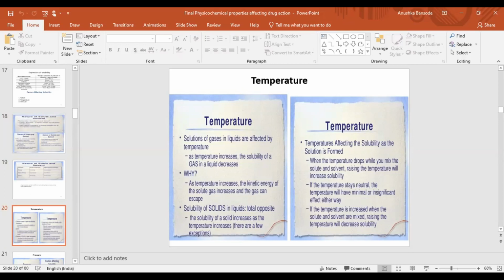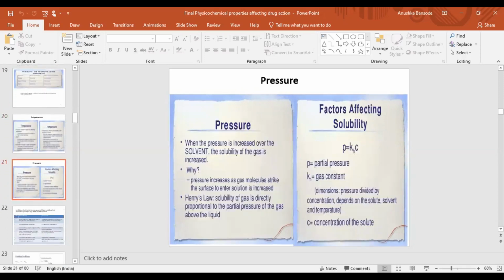Temperature affects the solubility as the solution is formed. When the temperature drops while you mix the solute and solvent, raising the temperature will increase the solubility. If the temperature stays neutral, the temperature will have minimal or insignificant effect either way. If the temperature is increased when the solute and solvent are mixed, raising the temperature will increase the solubility.